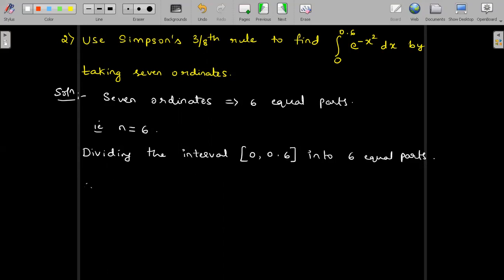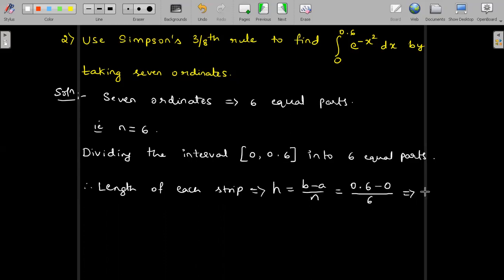So therefore, length of each strip is given by h is equal to b minus a divided by n. So b is 0.6 minus a is 0 divided by n is 6. So this gives us h is equal to 0.1.